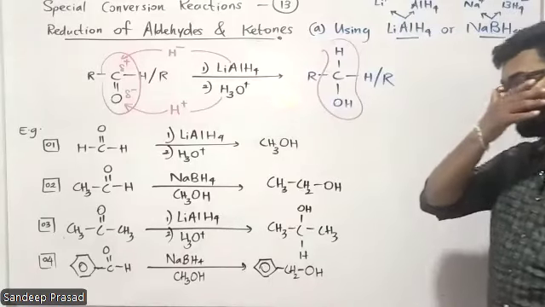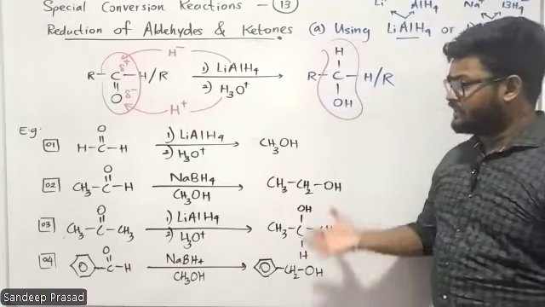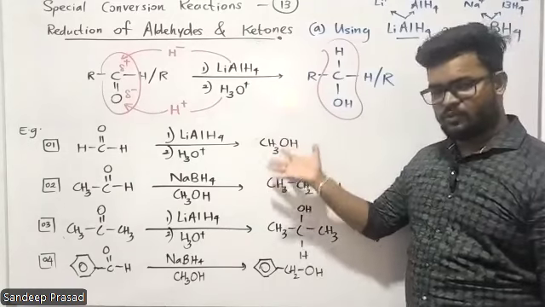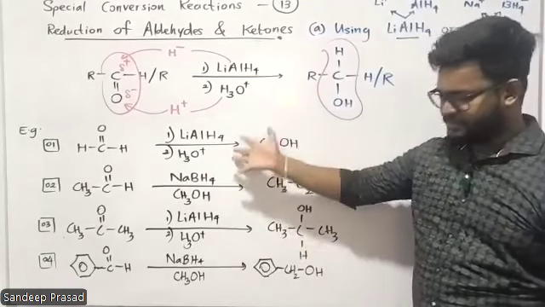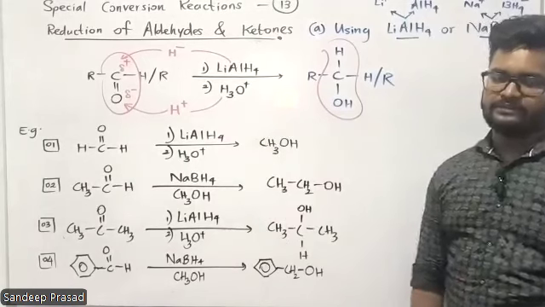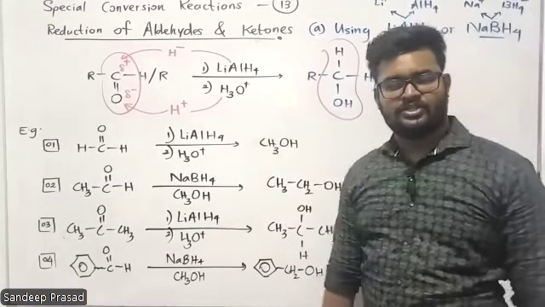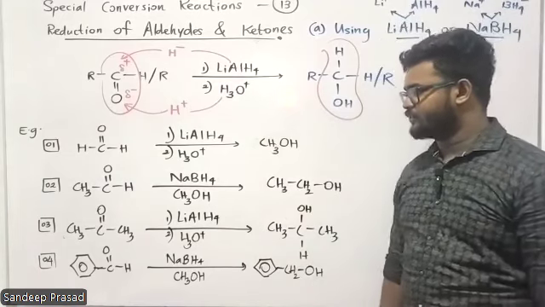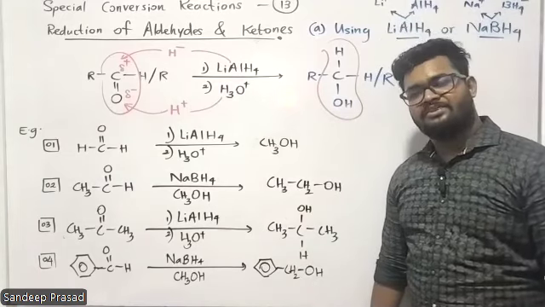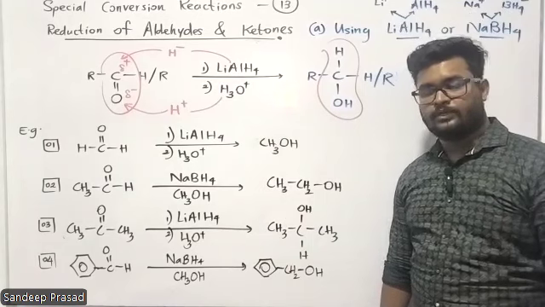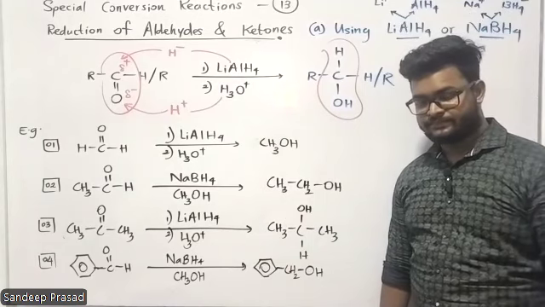And one more thing you have to remember: lithium aluminum hydride is the strongest reducing agent compared to sodium borohydride. When it comes to the reduction of carboxylic acids, I will teach you. Sodium borohydride cannot be used to reduce carboxylic acids.